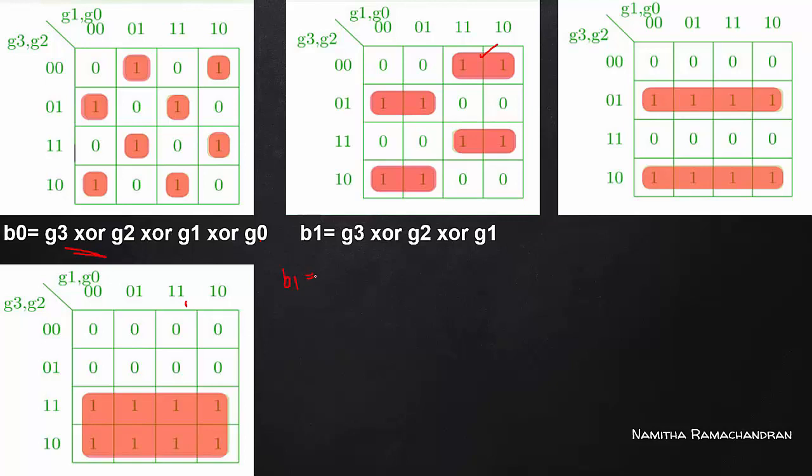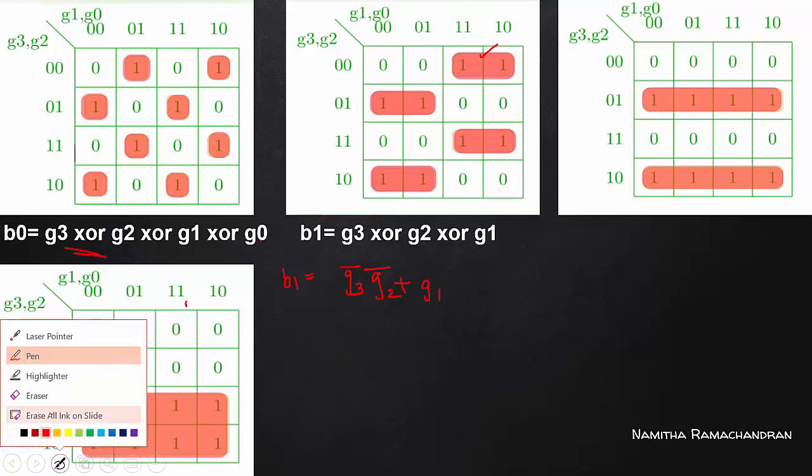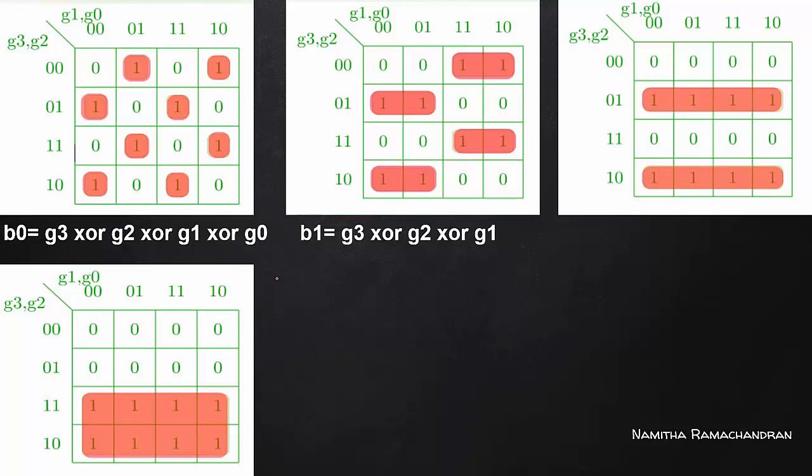For B1, for the first group, the expression is G3 complement, G2 complement, then column-wise, which one is common? G1 with value 1. So G1 directly.